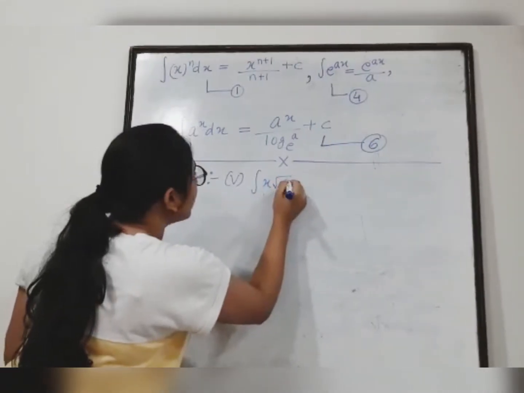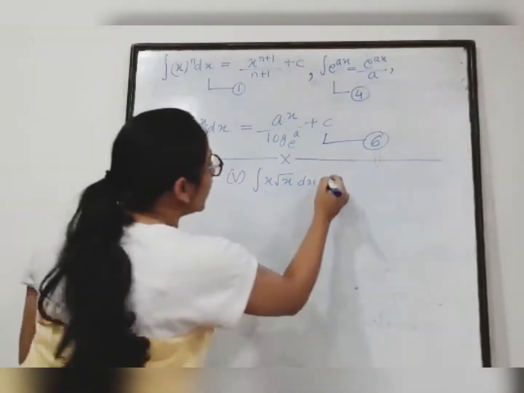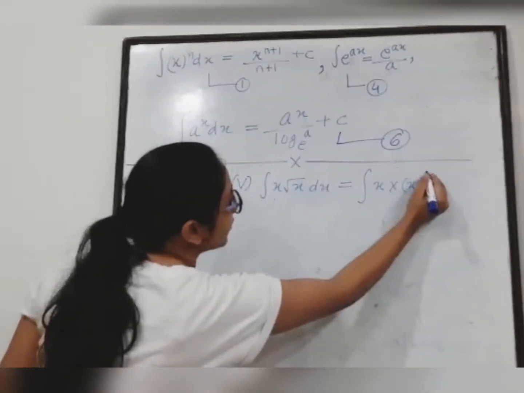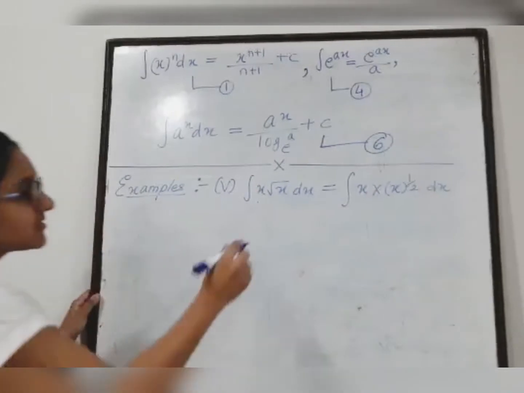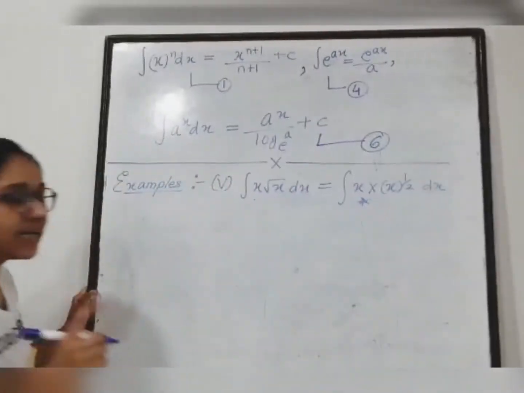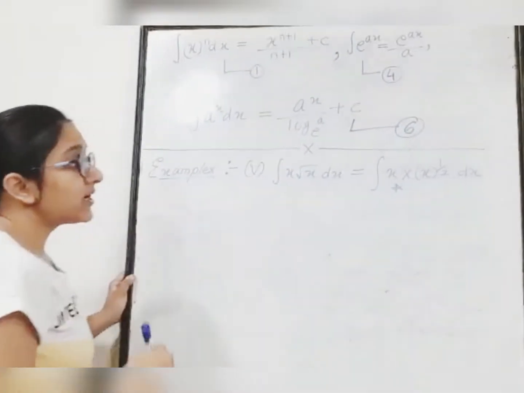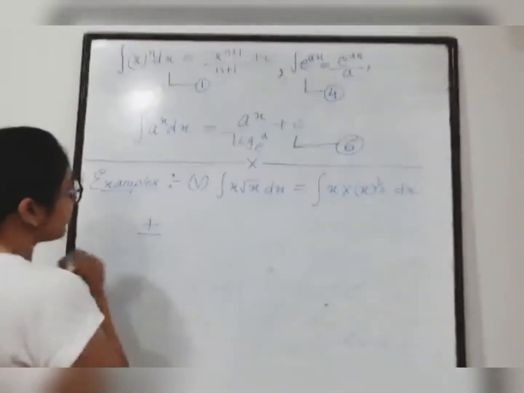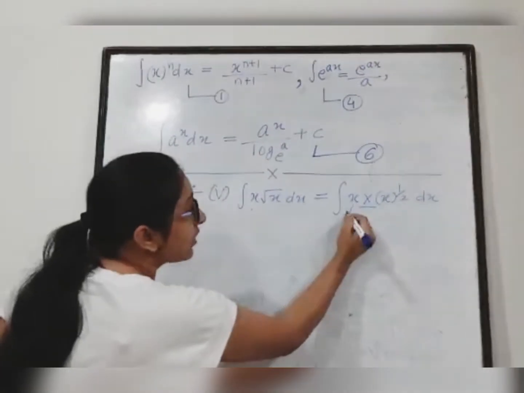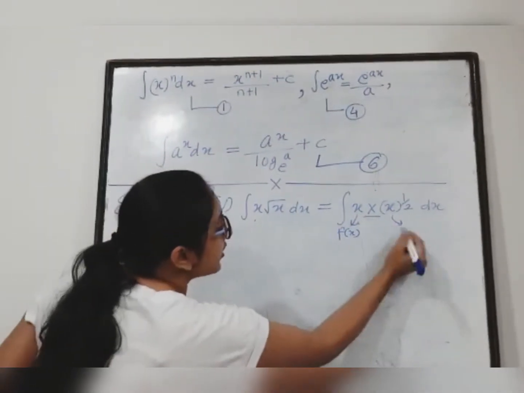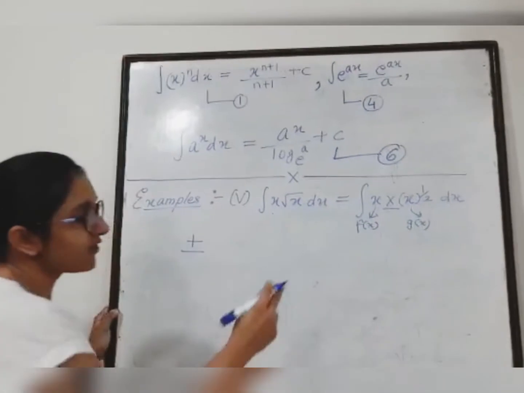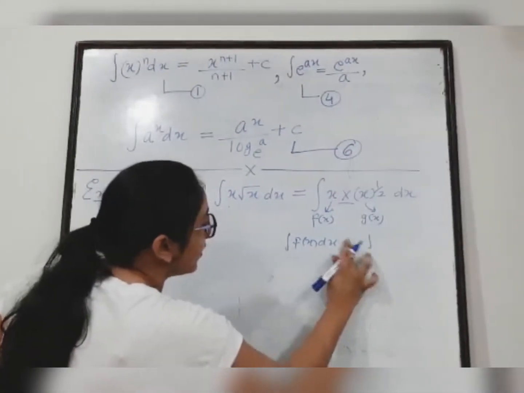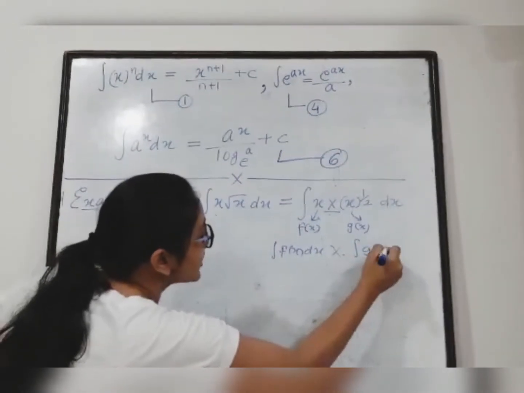The fifth problem is integration of x root x dx. Now here, this can also be written as x multiplied by x to the power half dx. This is a trick. Initially we saw an elementary rule, so you might think we can apply the elementary rule, but no, the elementary rule was only for plus and minus, but not for multiplication. You can't take this as function 1 and x to the power half as function 2 and write integration of f of x dx multiplied by integration of g of x dx.